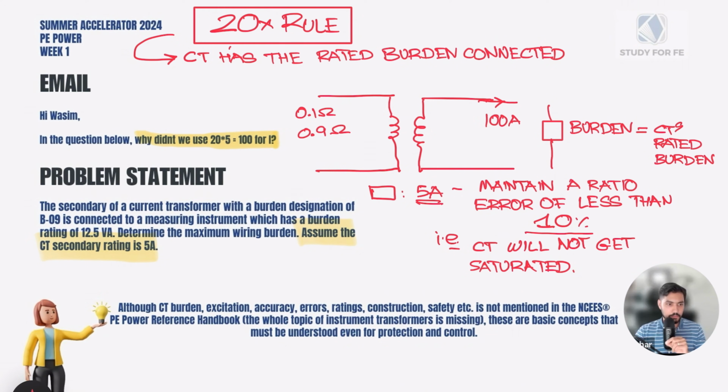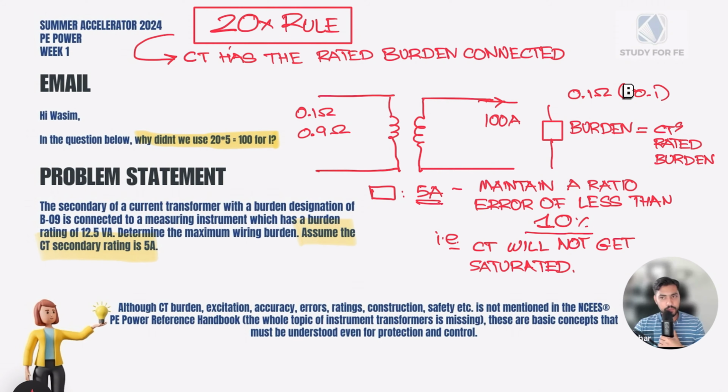Is that clear? Now, what will happen if the burden, let's say, is a B0.1 rated CT, and I end up connecting 0.2 ohms on the secondary? Do you think I'll still be able to pump 100 amps through the secondary of the CT and maintain the 10% ratio error? If the actual load that is connected on the CT exceeds its burden rating, I cannot.